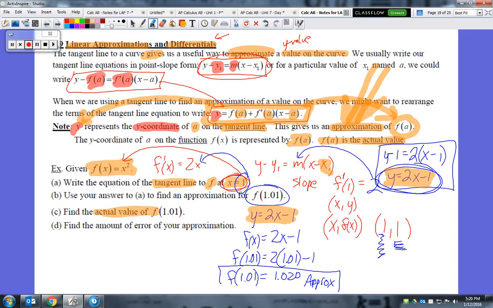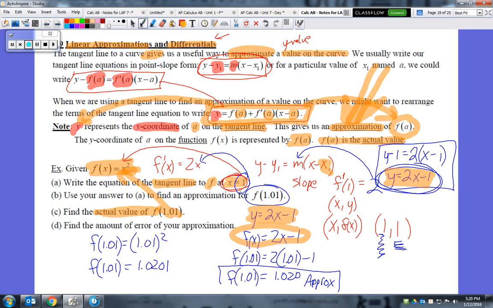So we're not going to put 1.01 into the equation that we found. We're going to put 1.01 into the actual function that we had originally. So the actual f of 1.01 is x squared, 1.01 squared, which is 1.0201.